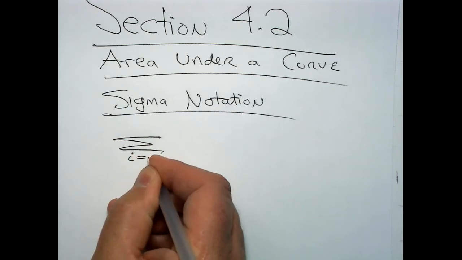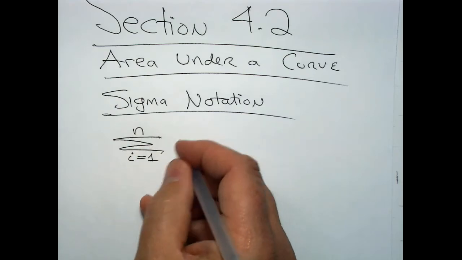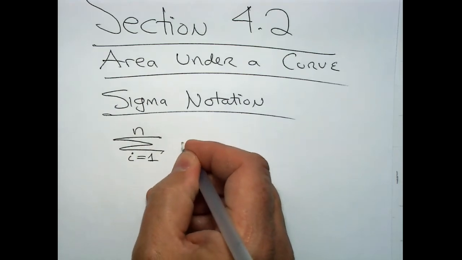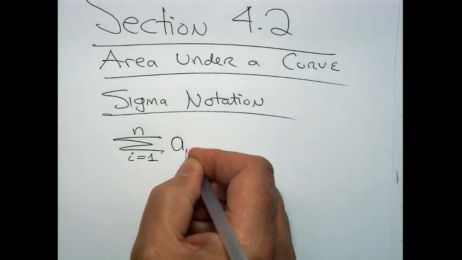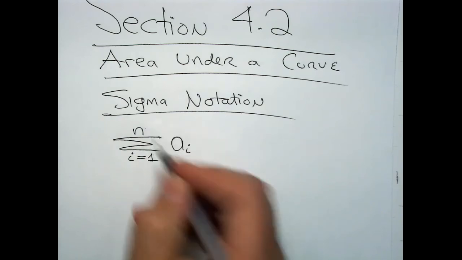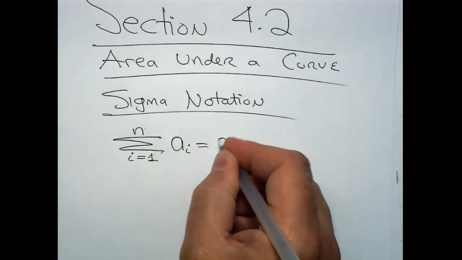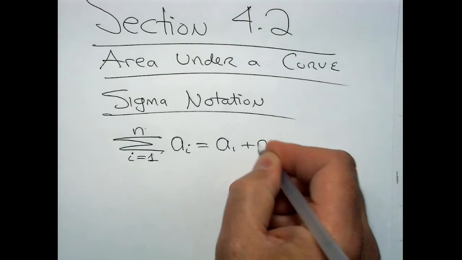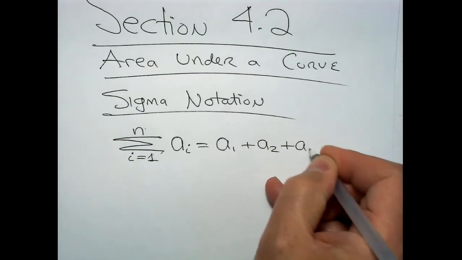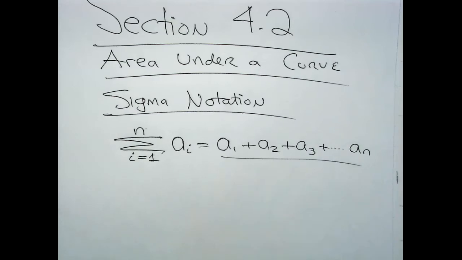Think of it as a little counter from 1 to n. And we add these items, a sub i. Now, i changes, 1, 2, 3, 4, 5, 6, 7, 8, right up to n, and the sigma stands for sum. So sigma notation is a way of adding things together. Think of it as a little summing computer, in fact. It adds a lot of stuff together for us.